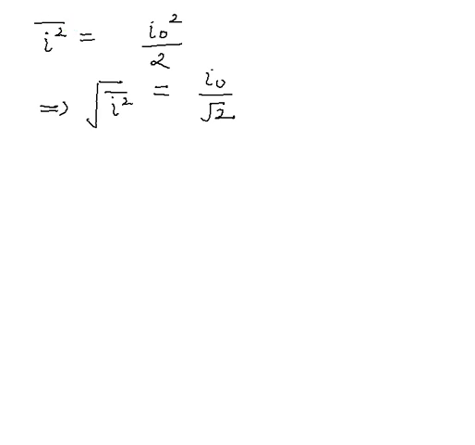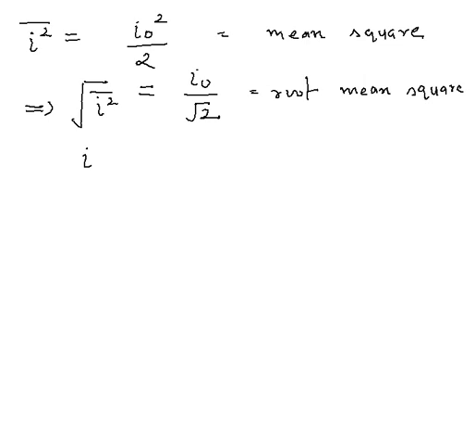So this is mean square. Mean of square, right? And this becomes root of mean square. This is called RMS current and is denoted by this. So IRMS is I naught by root 2.